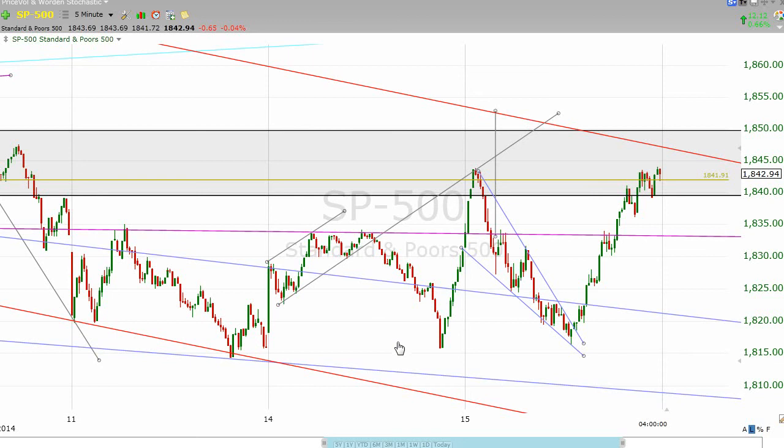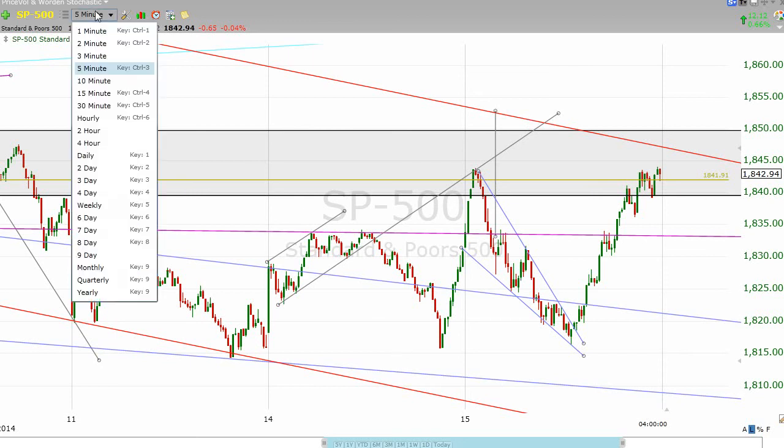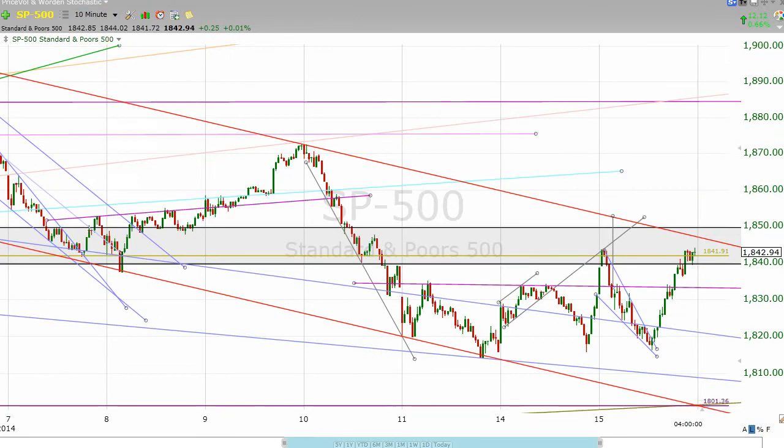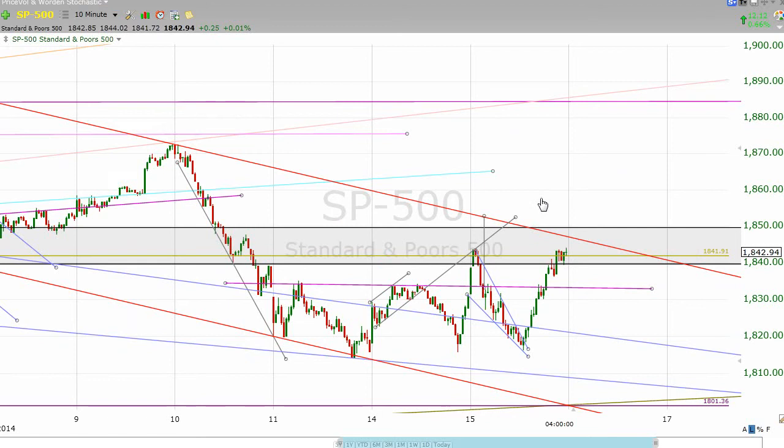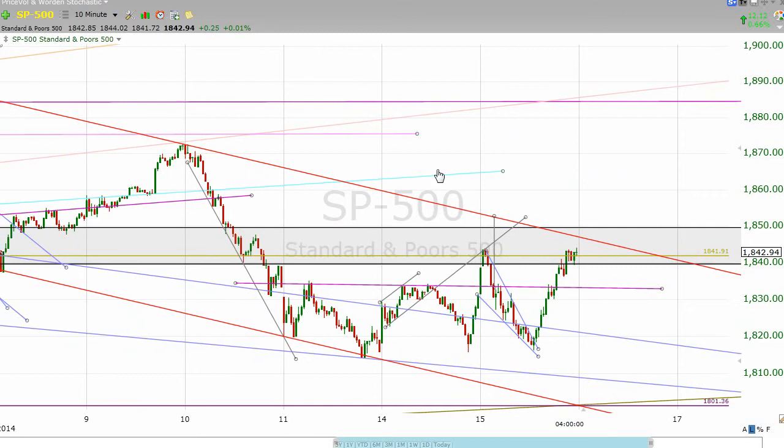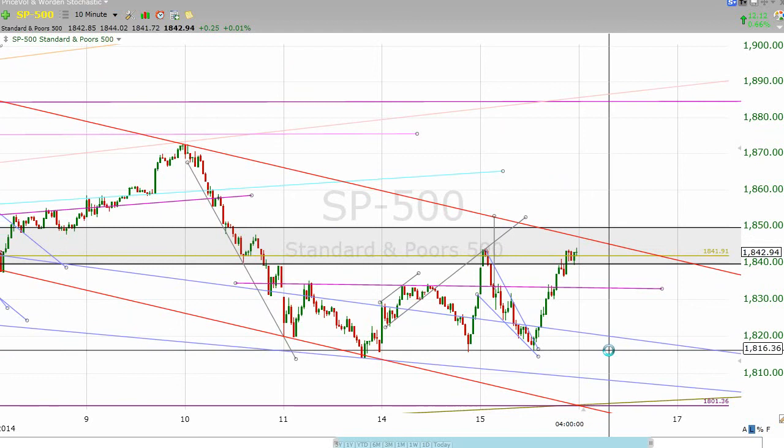Now, of course, all of this speaks to some volatility. We were really quite volatile last week. This week, it's not quite as bad. But here we're seeing a swing from the highs of the day, which were about 1843, to the low about 1816.